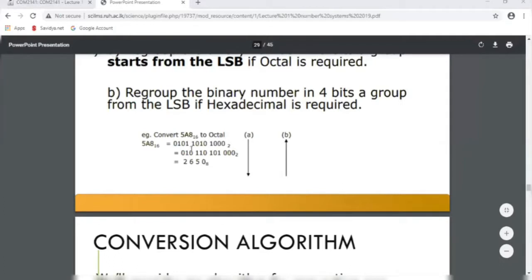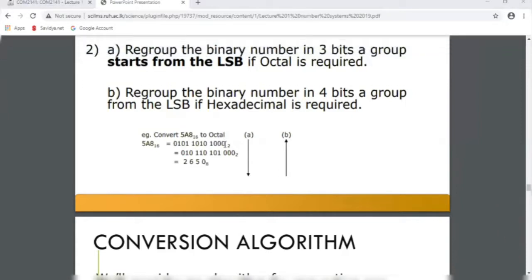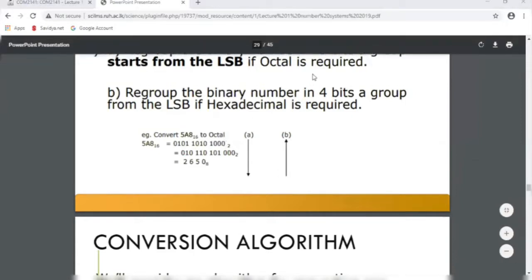Then after that, you just divide it into 3 blocks, starting from the right-hand side end. You can see how it is divided into 3 blocks, and then each can be converted into the corresponding number. Sorry, decimal number.